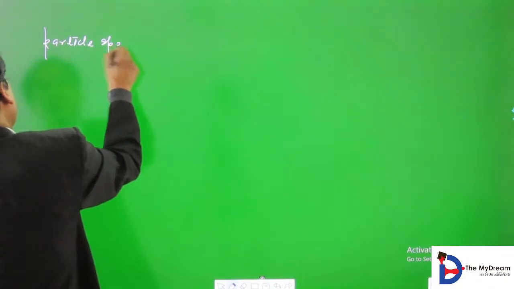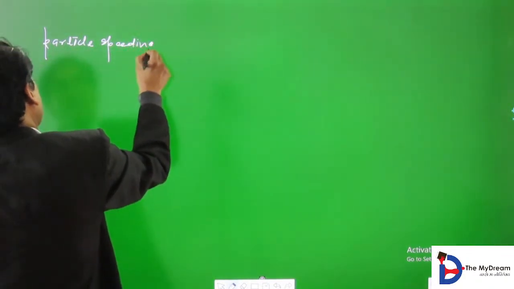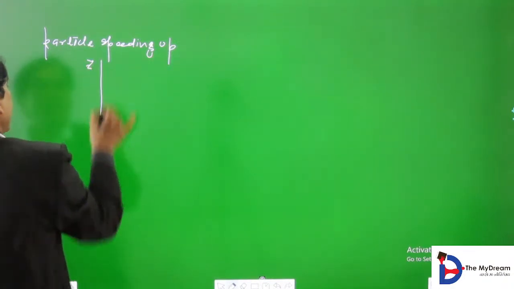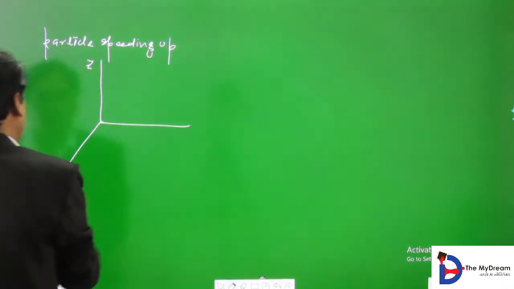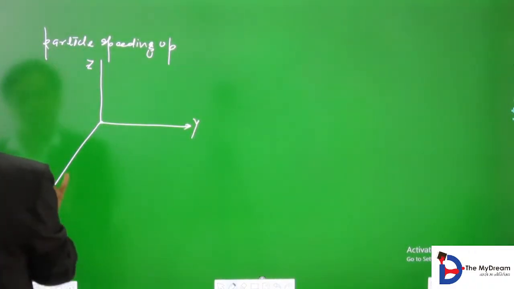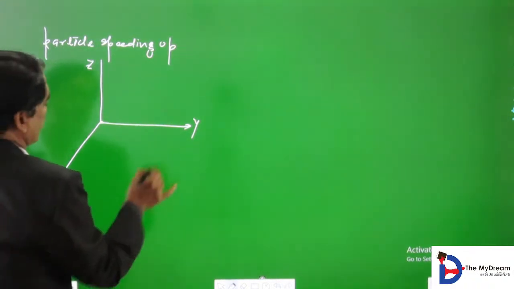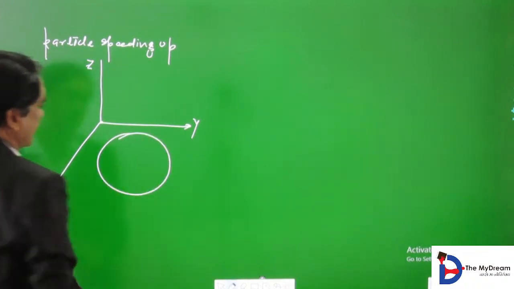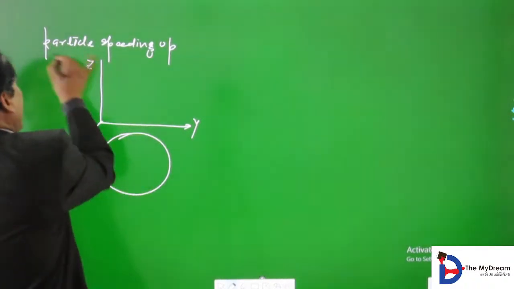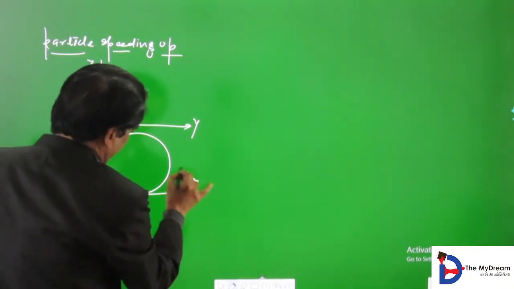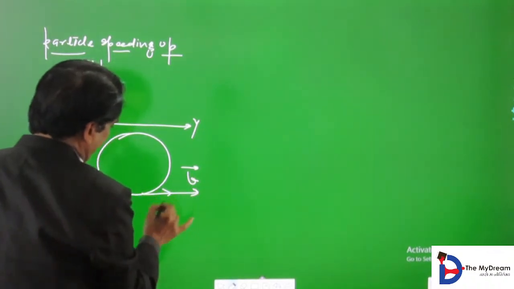Now we are talking about the particle speeding up. Suppose this is the z-axis, this one is the y-axis, whichever you want to take. A particle speeding up is possible only when the direction of the linear velocity is in the direction of the tangential axis.